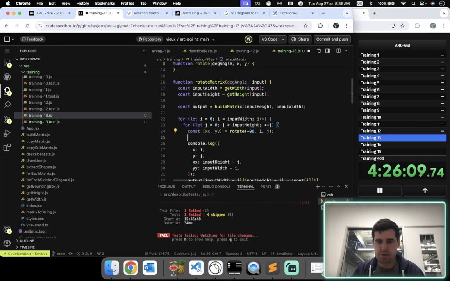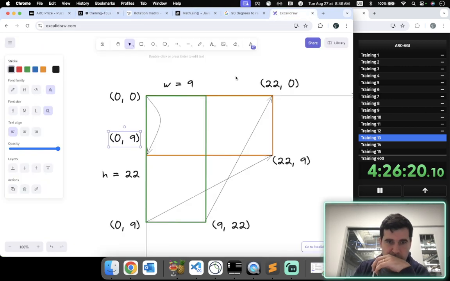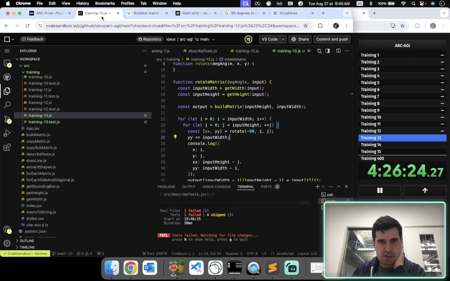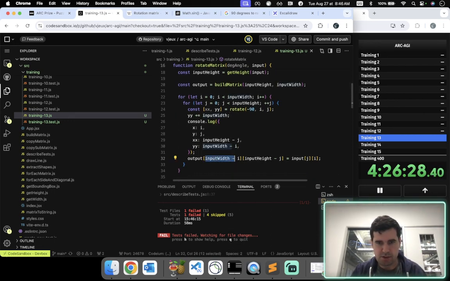So I need to do xs plus, so yy plus equal input's width. For the width, this one plus 9, okay. And so it's going to be yy, xx.